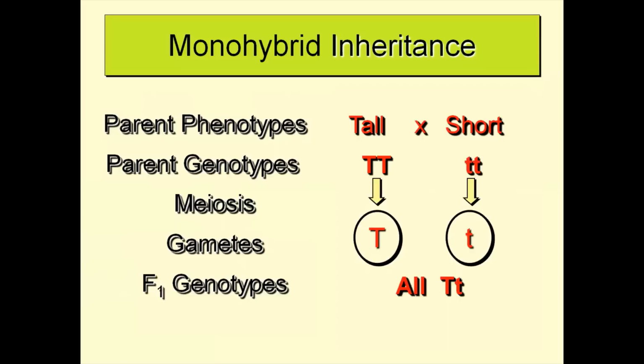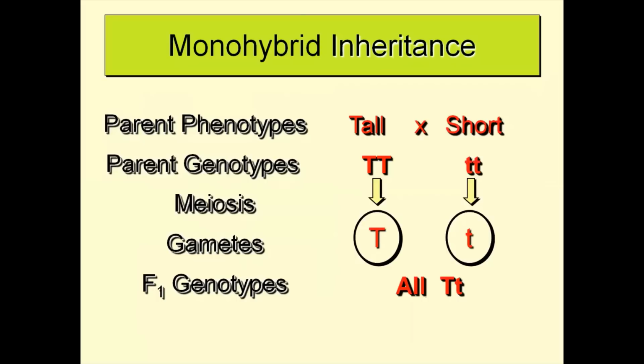Tall and dwarf plants produce gametes by the process of meiosis. The alleles of the parental pair separate from each other and only one allele is transmitted to a gamete. So there will always be a 50% chance for a gamete to contain either one of these alleles. Here, homozygous tall and dwarf plants are crossed and heterozygous tall offsprings are produced.